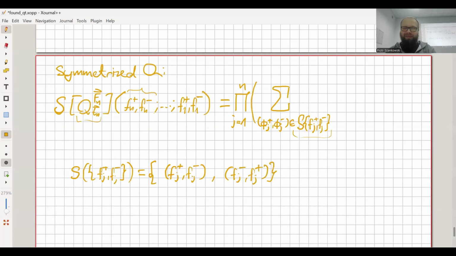All right. And if you have two identical pairs, I mean two identical elements, it will just give you only one bit. All right. So you sum over all those permutations of each pair, and the things you sum are Qs.